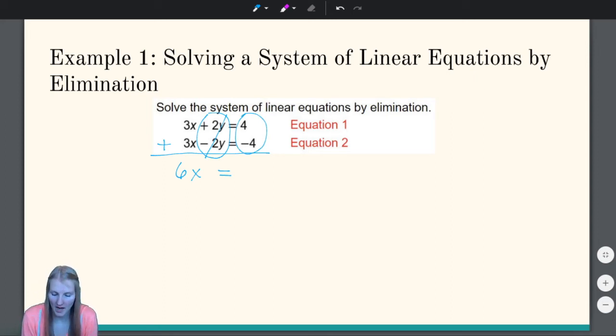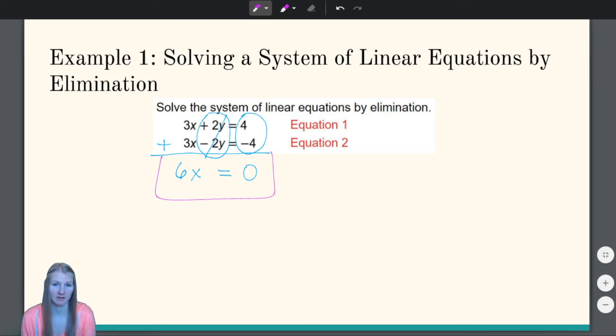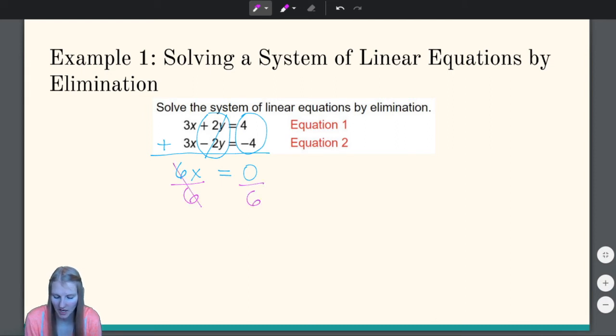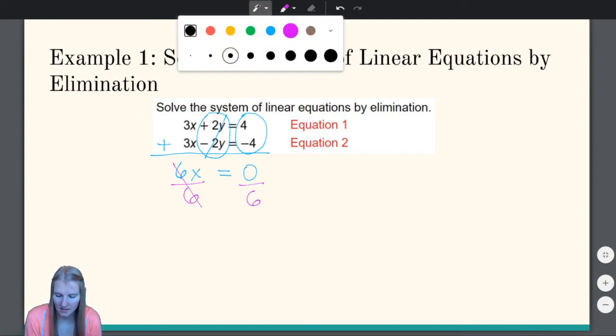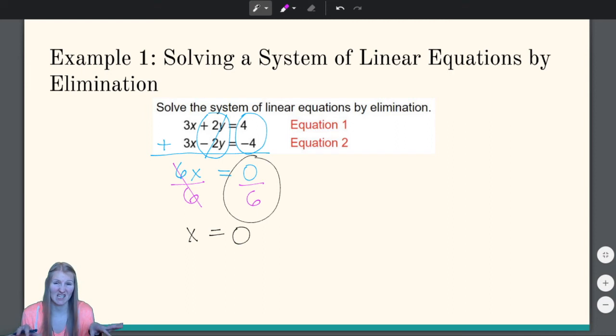Oh, 4 minus 4, that's 0. Okay. Now we're on to step number 3, which is to solve for x. So I'm going to divide by 6 on both sides, and I get x equals 0, because 0 divided by anything is 0.